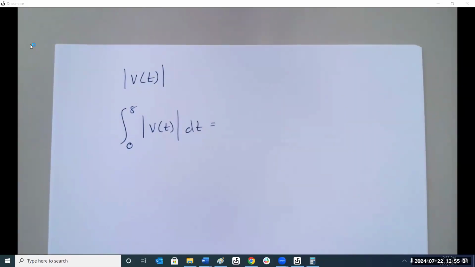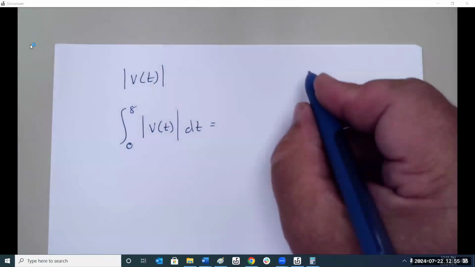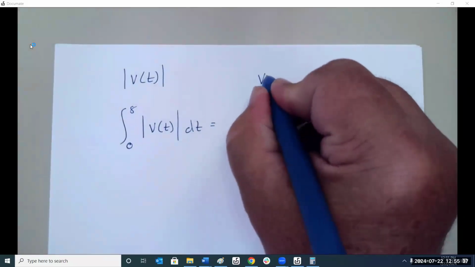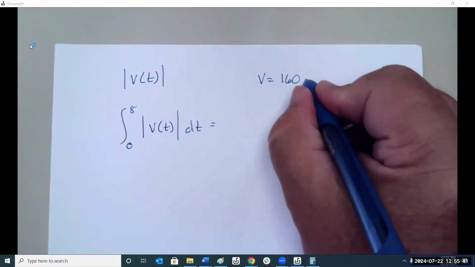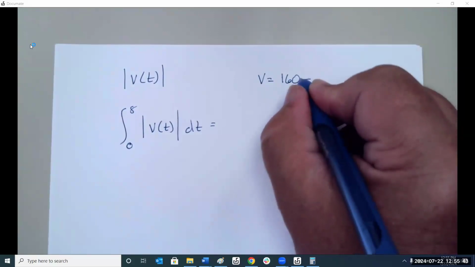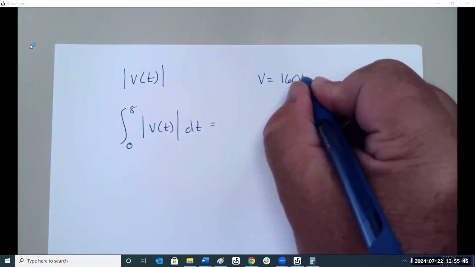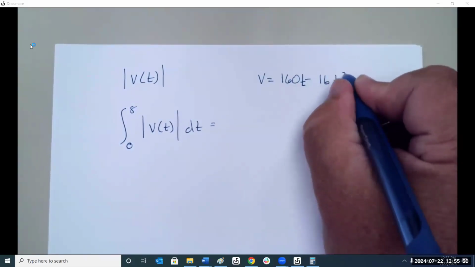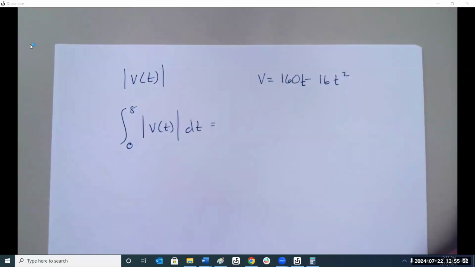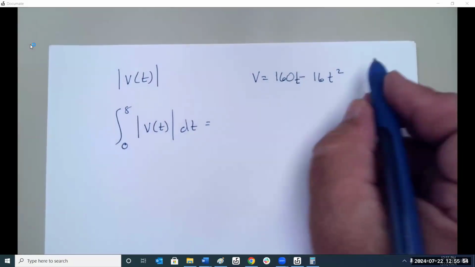So what are the two values? It's 160 minus 16t squared. No, velocity is 160 minus 32t.